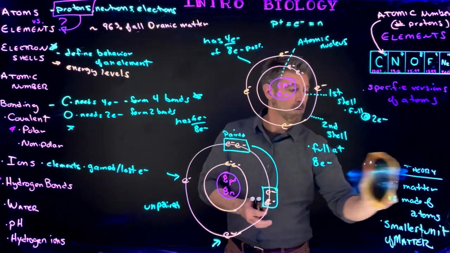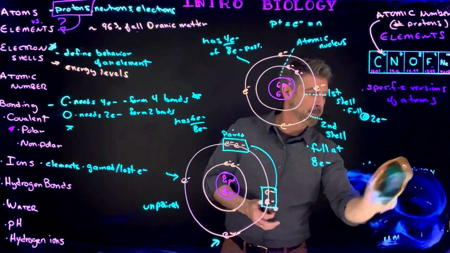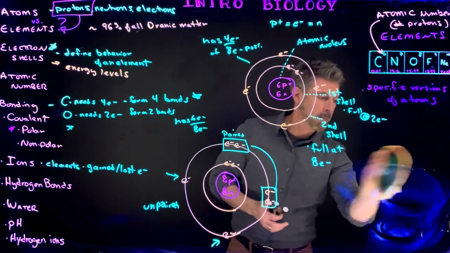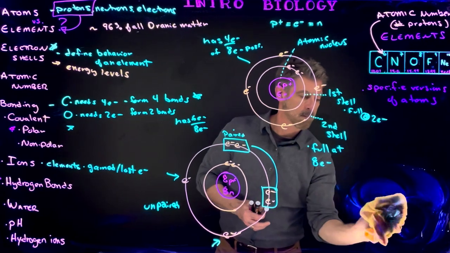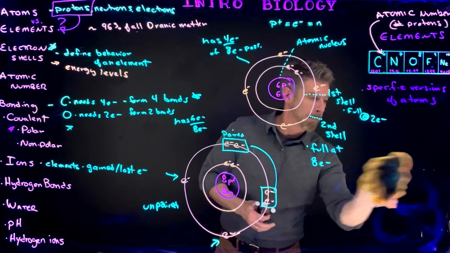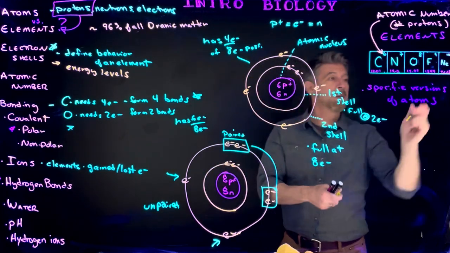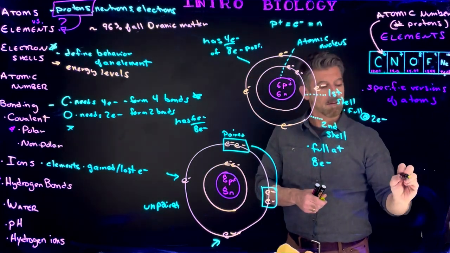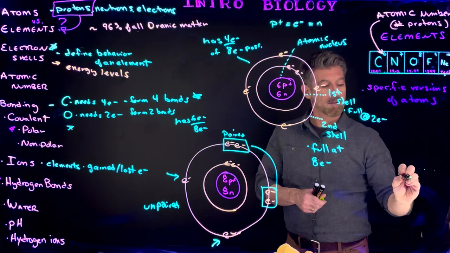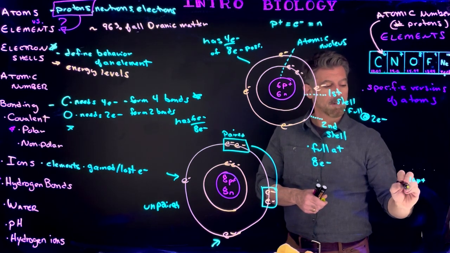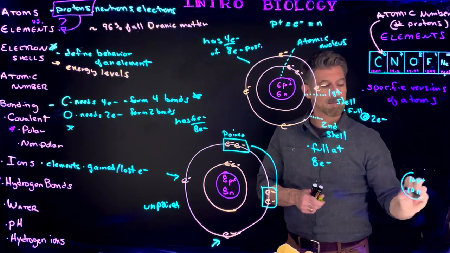So I'll erase the atomic theory now. Let's do a real super simple one for neon. Now neon has its 10 protons, 10 neutrons.